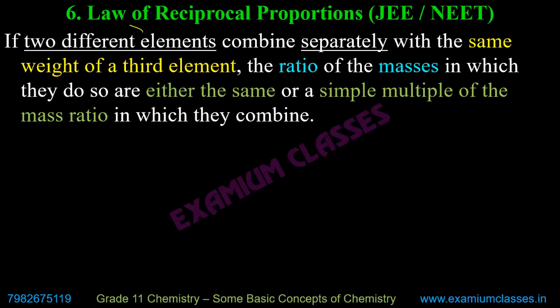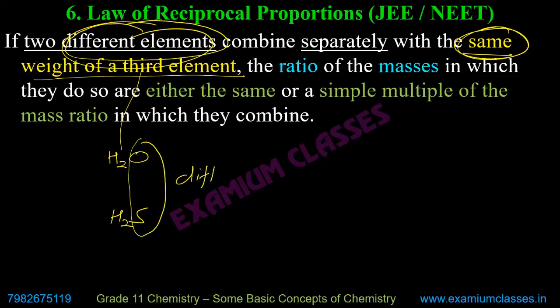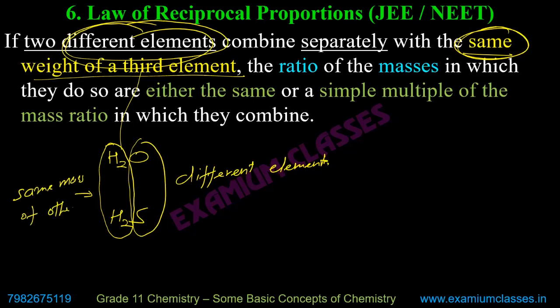If two different elements combine separately with the same weight of a third element, these two different elements are oxygen and sulfur, which are combining with the same weight of the third element, meaning H2.